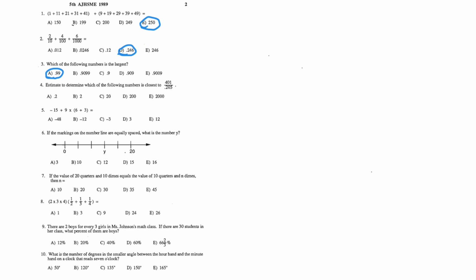Number 4. Estimate to determine which of the following numbers is closest to 401 over 0.205. They ask to estimate, so the numerator is approximately 400, and the denominator we can round to 0.2.